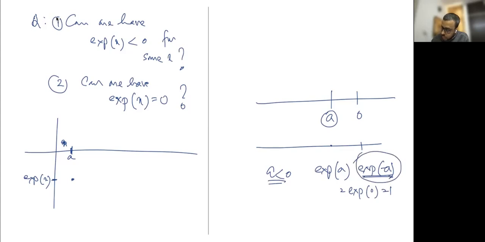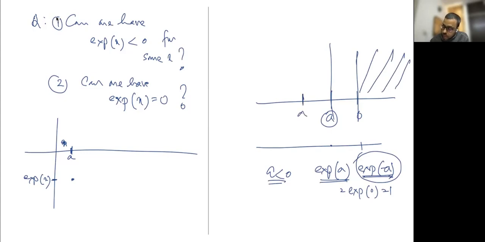The product is 1, which is positive, so exponential a also has to be positive. You have shown that on the right side of 0 the function stays above 0.